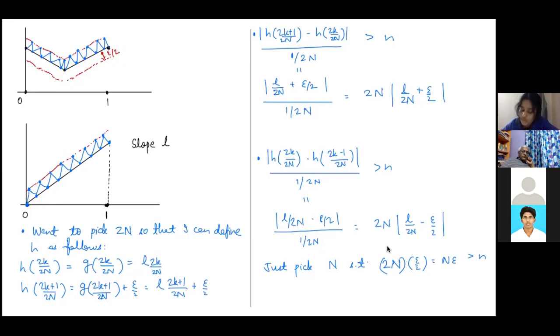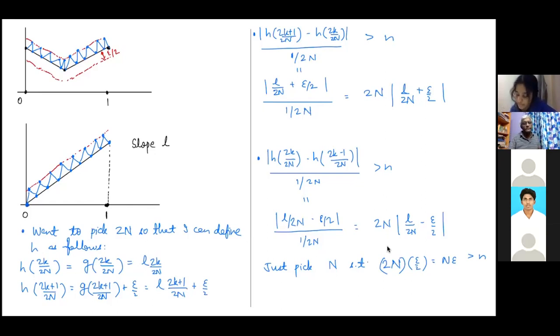So the slopes of all these will be whatever these slopes are. What we want to ensure is that the modulus of this slope is at least n. Again, all we need to ensure is that the blue dots are close enough to each other. So let's see how to do that.